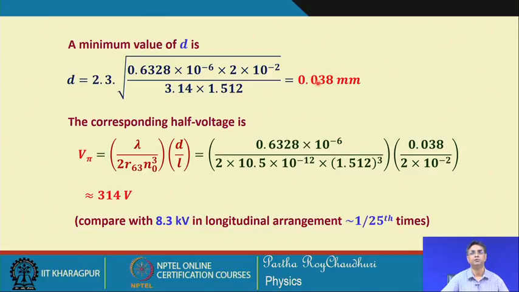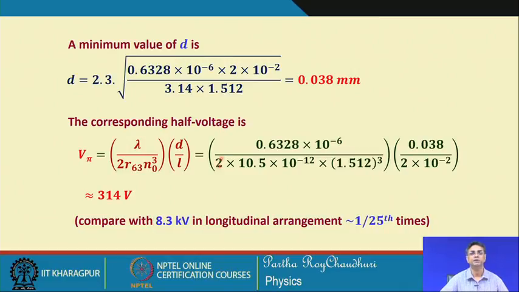Even if you round it up to 0.04 millimeter, 1/100th of a millimeter, which is very thin, in that case for 2 centimeter of crystal with a thin width, you get an operating V pi which is about 300, the line voltage 314 volt, which is now drastically very small. You can see this is about 1/125 times less than the voltage which was required in the case of longitudinal mode of operation.